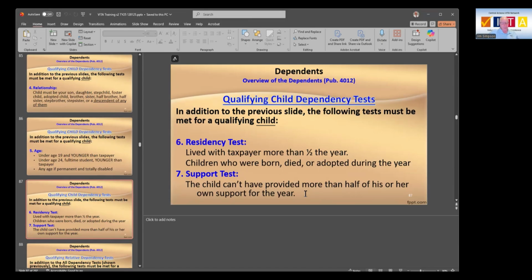There are times where if you want the dependent to fail, you want to have them claim themselves, right? There's ways that you could fail this test. For instance, maybe you're sending your son or daughter money. If you send them money through Venmo, that's a gift.